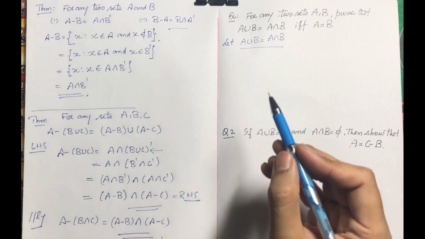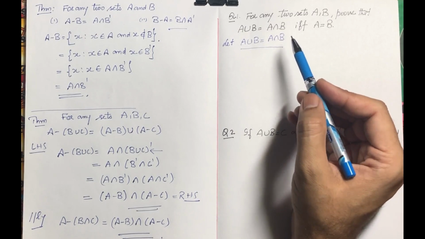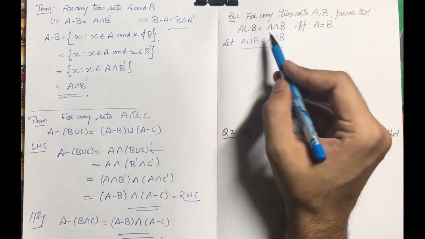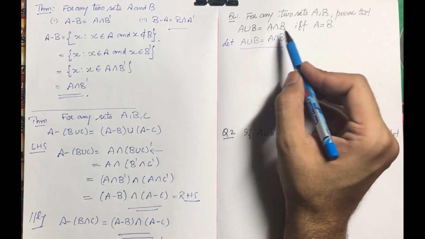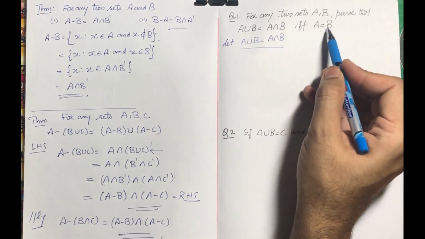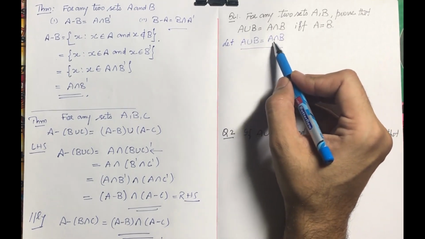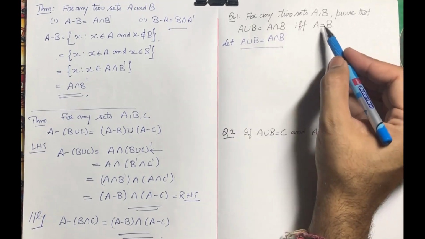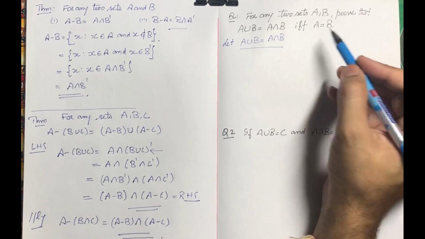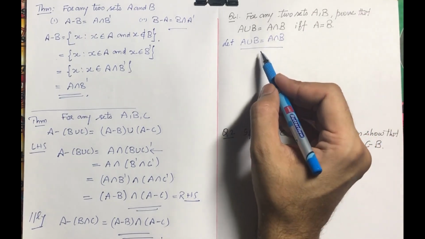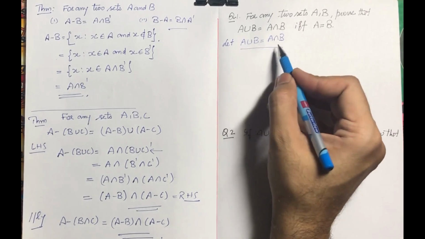Let us now discuss numericals based on algebra of sets. And the first numerical is, for any two sets, we have to prove A union B is equal to A intersection B if and only if A is equal to B. So we start from left hand side, let union be equal to intersection, and we want to prove this implies A is equal to B, sets are equal. So we can easily prove this, just trying to remind the definition of union and intersection here.